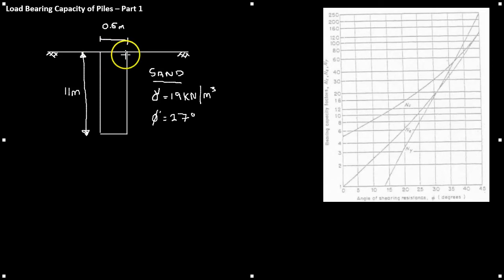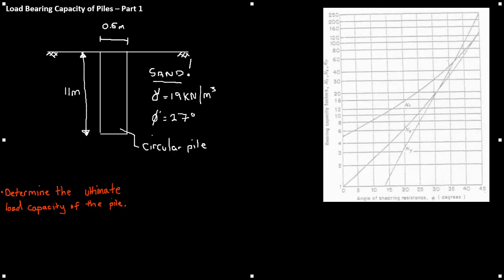We're saying that the unit weight of the soil it is in is 19 kilonewtons per meter cubed, and the internal friction angle of that soil is 27 degrees. And remember, we're looking at a sand. Now our question is to determine the ultimate load capacity of this pile.